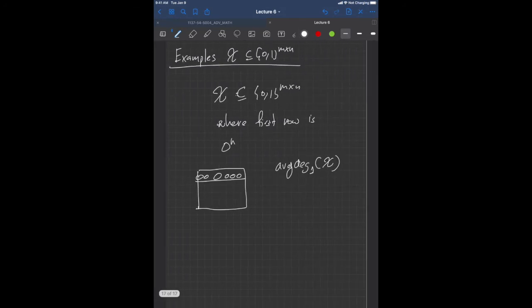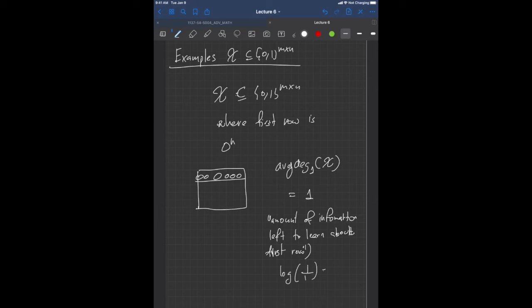Yeah. So in this particular example, the average degree of x in this more general example is just 1. So the amount of information left to learn about the first row is the logarithm of 1 over the average degree.